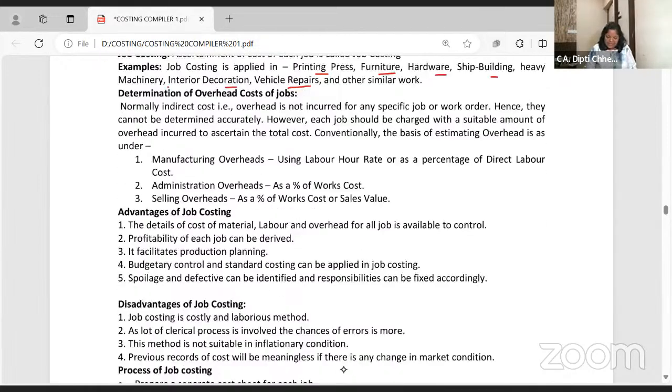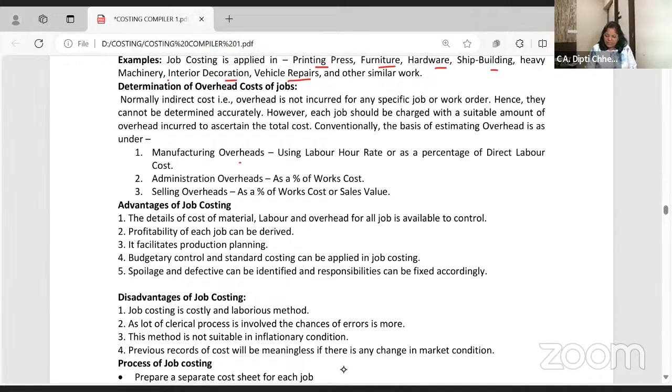I have given you all these examples. Manufacturing overhead is taken usually as a percentage of labor, admin as a percentage of works cost, selling overhead as a percentage of works cost, which is nothing but the factory cost. So many times also cost of production.